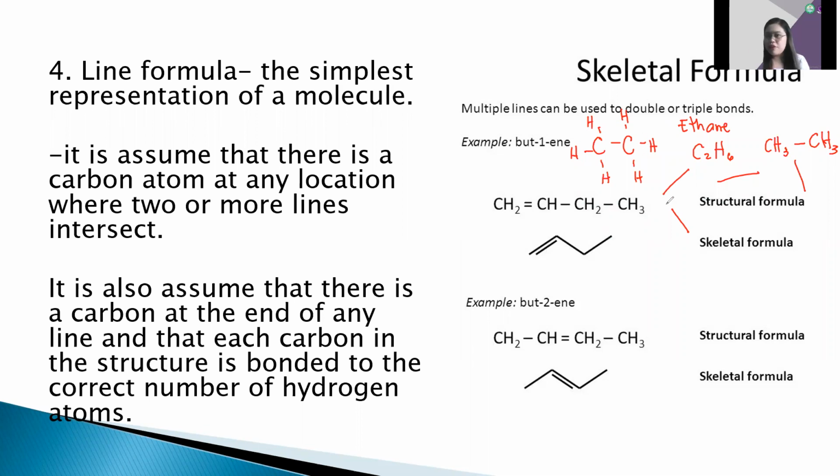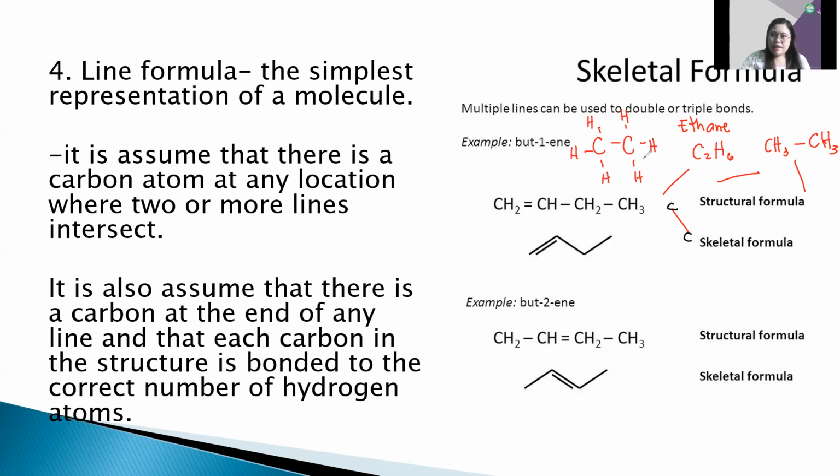Since we only have 2 carbons here, we assume that this end has a carbon and this one here is another carbon. Since it is only a single bond, you will not see any extra bond here. So however you draw it, horizontal or vertical, as long as it's just one line, then that is ethane.